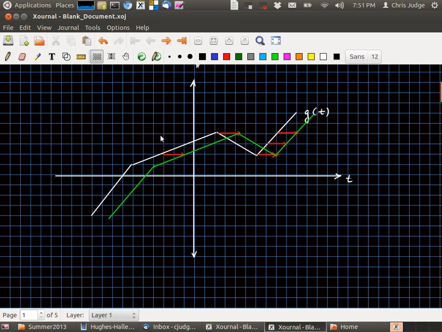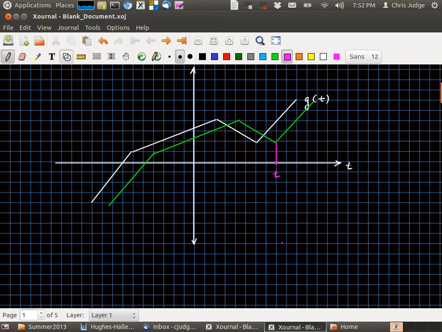Let's clean this up a little bit. Okay, well, how did I get the green function? Well, let's look at this particular value. Well, let's think of this as my particular t. To know what this height is, what I have to do is look back 2 units to the corresponding height for g. So g is the graph of the original white function, and now I want to know what's the green.